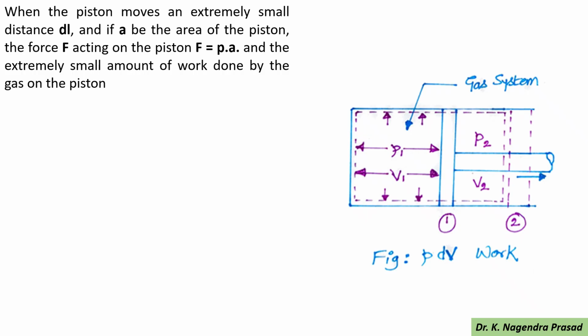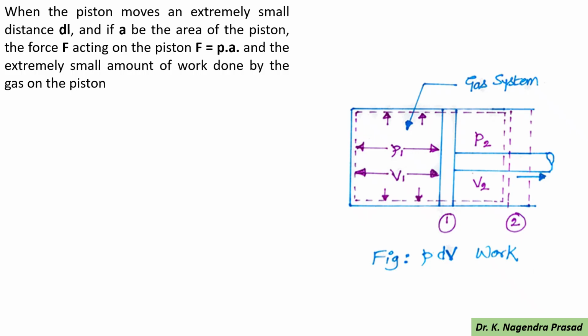When the piston moves an extremely small distance dl, and A is the area of the piston, the force F acting on the piston equals P into A, where P is the pressure of the gas and A is the area of the piston.